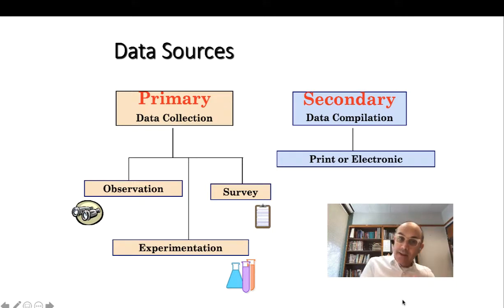However, there is another type of data, which is data we observe or collect or take to the lab. This is primarily the data set collection.